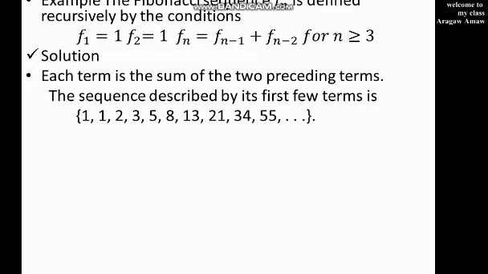In this case, the sequence described by its first few terms is 1, that means f1 is 1, f2 is 1, f3 is 2, that means 1 plus 1 is 2, f4 is 1 plus 2, that is 3, and the next term 2 plus 3 is 5, 3 plus 5 is 8, and so on. Such sequences are defined recursively.